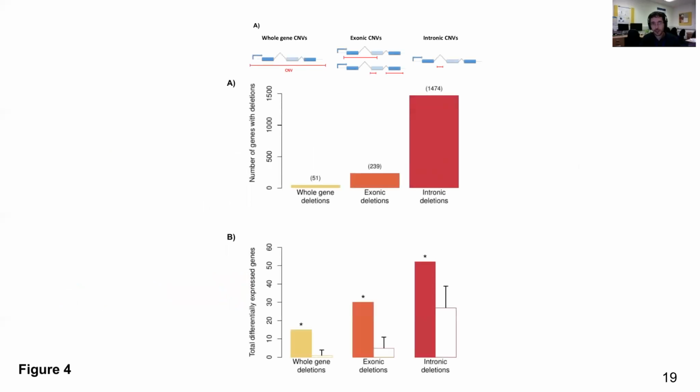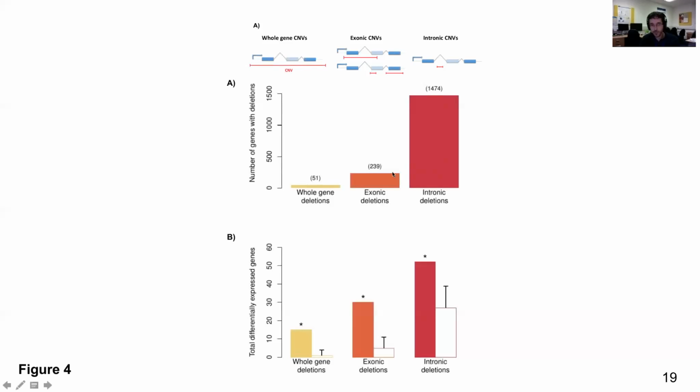And so what we did is first we tried to see in this subset of individuals how many cases we had for each of the 3 types of deletions. So we could find 51 whole gene deletions in at least 2 individuals.